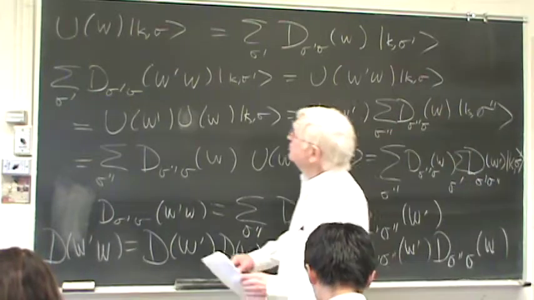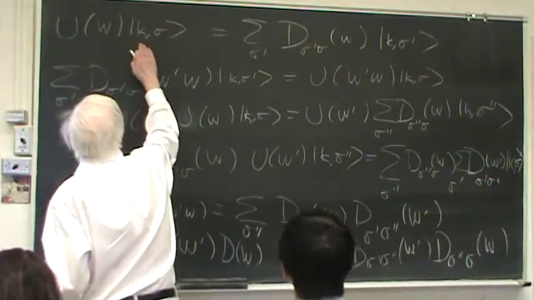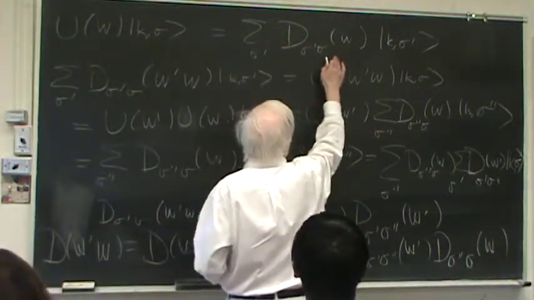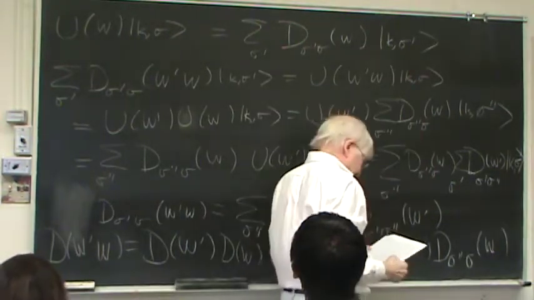So in other words, when U of W acts on K sigma, we get a representation of the little group acting on K sigma.